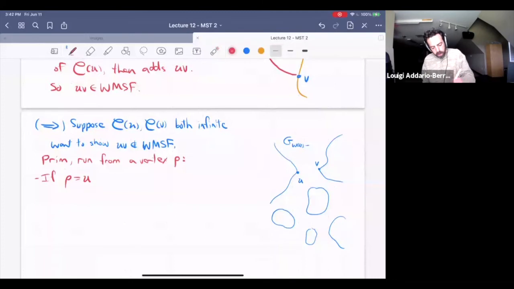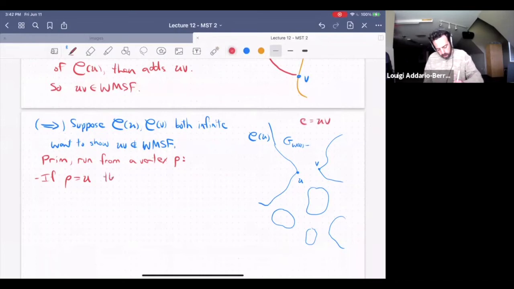This component over here, CU, is infinite. That means that there's infinitely many edges connected to U which have weight less than WE. Okay? And Prim, always being greedy, choosing the smallest weight edge available, will always choose one of those edges of weight less than WE, so it'll never have a reason to add the edge UV. Okay, so E is UV.